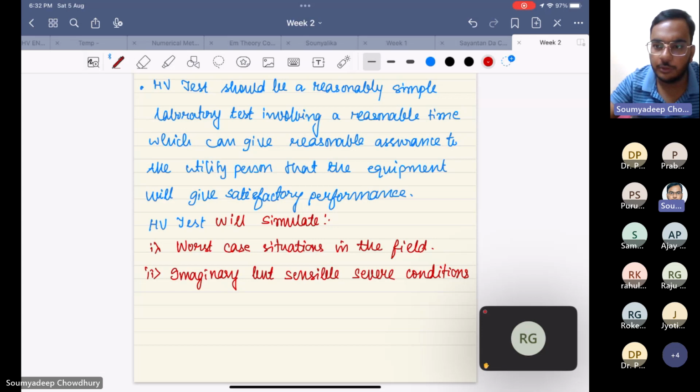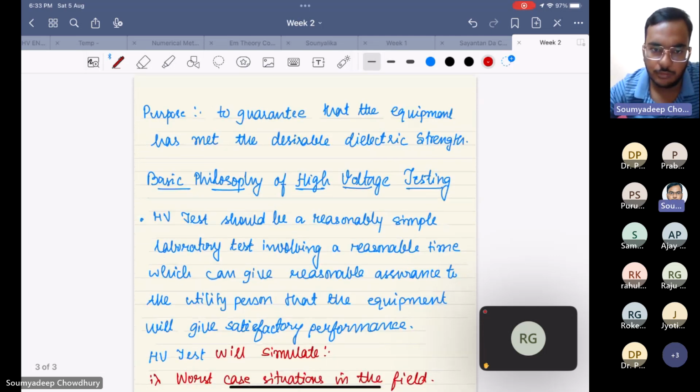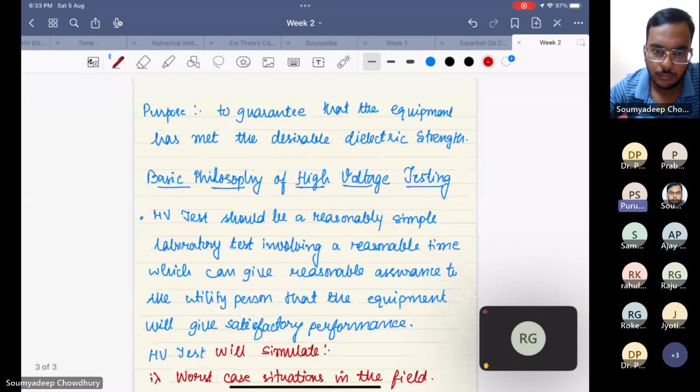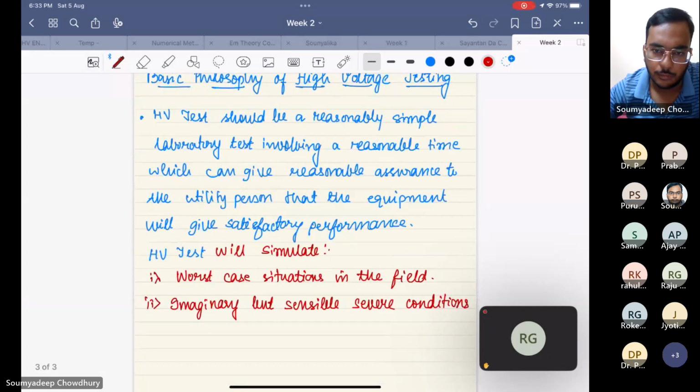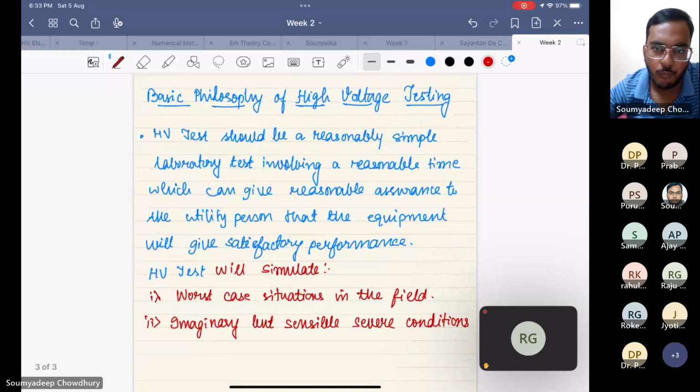Yes, Mr. Purushottam, you have some doubt? Sir, excuse me, the screen is not updating, it's hanging in between. Is it updating now? No, sir. Which screen are you seeing now? Sir, I am getting up to the basic philosophy of high voltage testing.